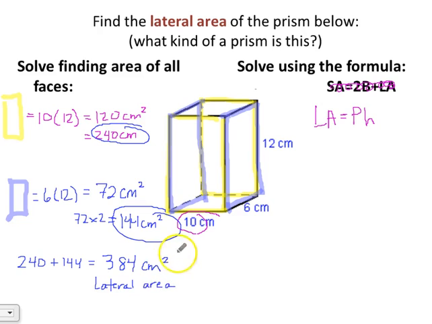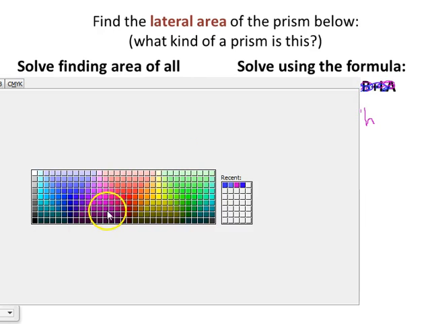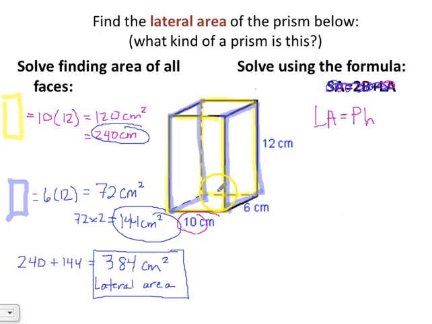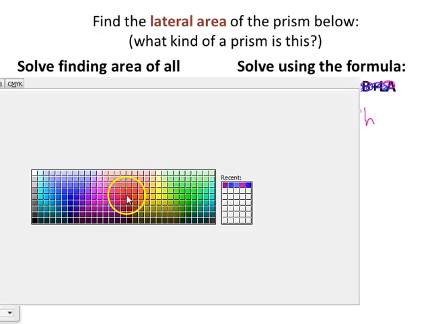And remember, this represents the lateral area. We're just talking about the lateral area right now, and then we'll eventually tie that into finding the surface area. So then our other formula is we find the lateral area by taking the perimeter of the base times the height. So let's do it that way now and see if we get the same thing. So the perimeter of our base, I'm going to highlight that in red.